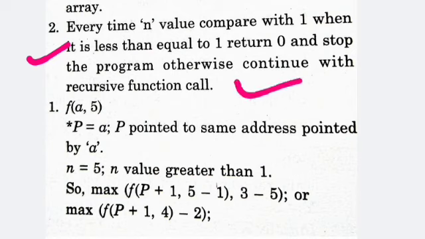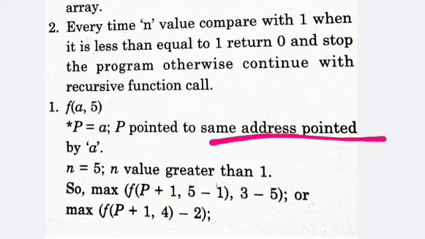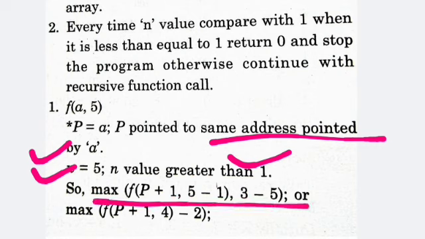And firstly, when we call f(a, 5), we get pointer p equal to a, which means p points to the same address pointed to by a. Now n equal to 5, n is greater than or equal to 1, yes it is true, then we get this recursive function call, f(p plus 1, n minus 2).